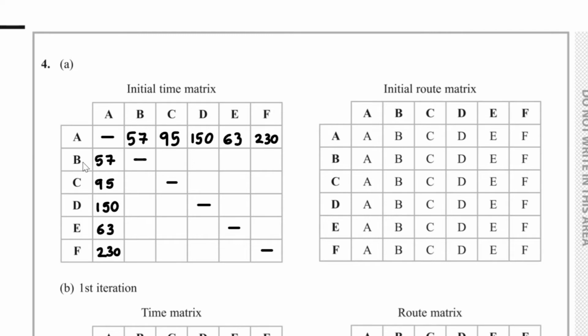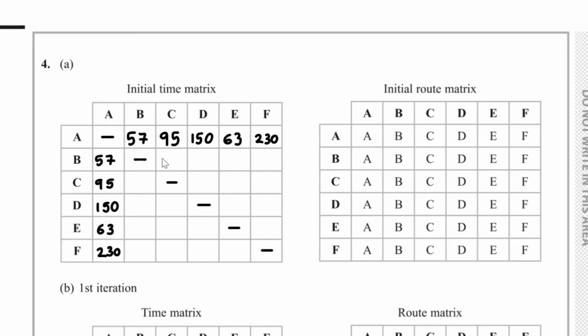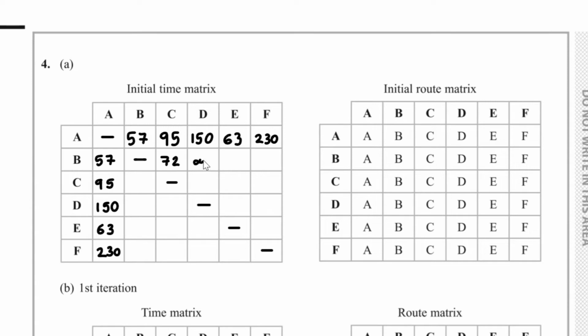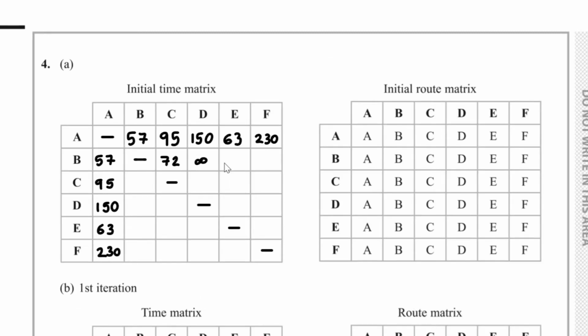Now if we take a look at going from B to C, that's 72. And then B to D, well, from B to D there's not a direct way of getting there, so instead we will put the infinity symbol here. B to E, there is a direct way of getting there, 132.